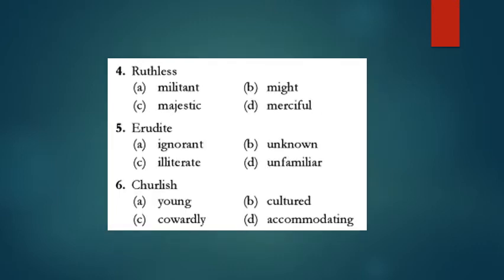Ruthless: militant, might, majestic, merciful. Erudite: ignorant, unknown, illiterate, unfamiliar. Churlish: young, cultured, cowardly, accommodating.